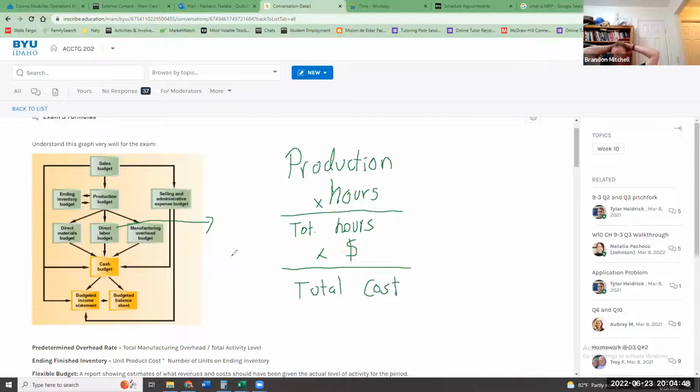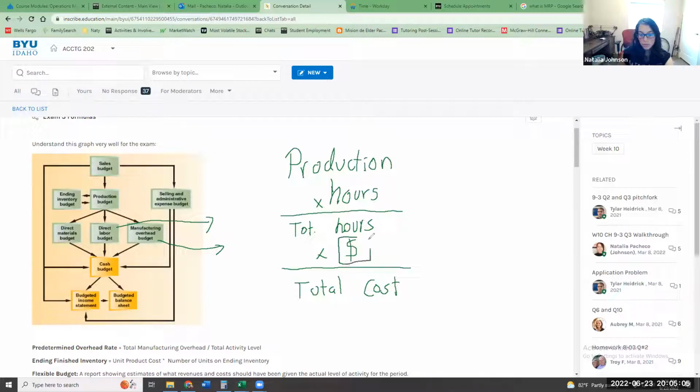Okay. And for the manufacturing overhead budget, it can be similar to this one. It depends on if manufacturing overhead budget is based on direct labor hours, then this is what you have to do again. But this cost will be different than the direct labor cost.